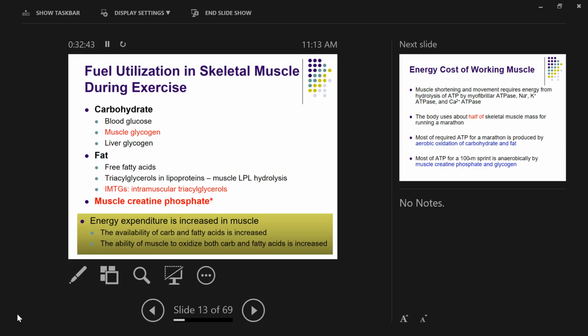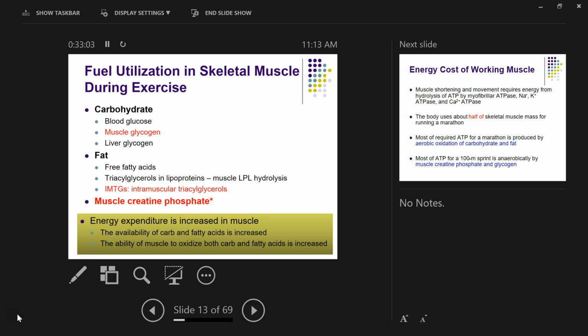So here's the list of the energy fuels that muscle can use during exercise. For example, carbohydrate: blood glucose is one of the carbohydrate sources for muscle use.